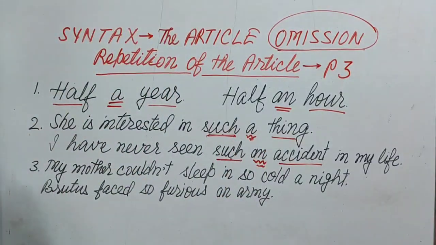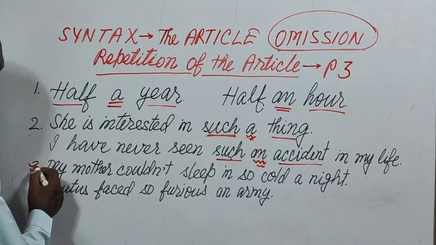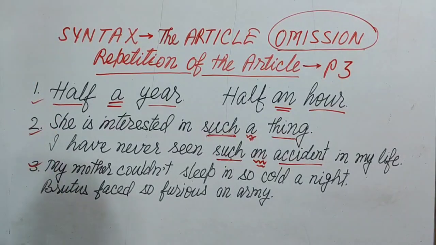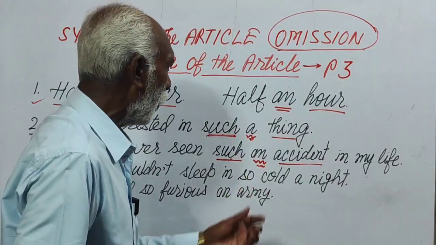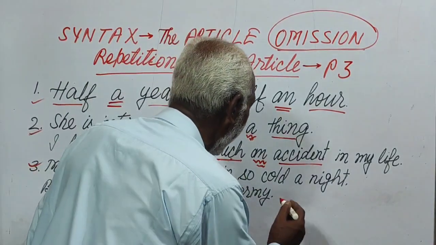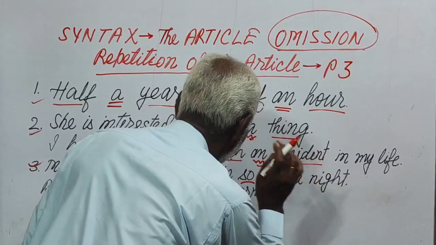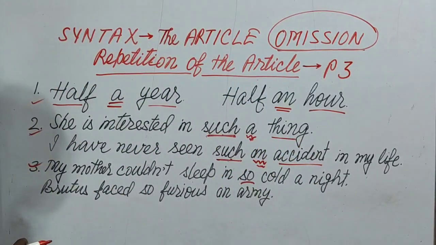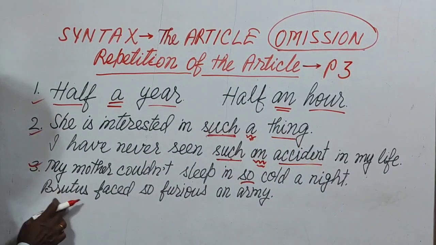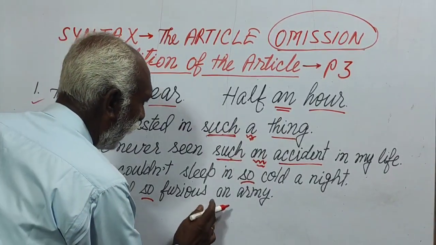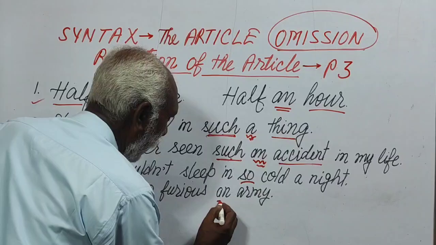Okay. So here, dear, next example. I would like to explain to you. My mother couldn't sleep in so cold a night. So cold a night. Next example, Brutus faced so furious an army.